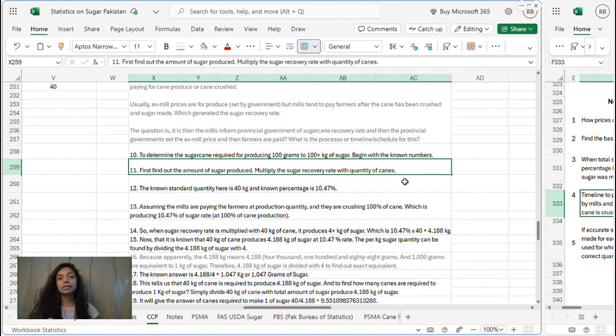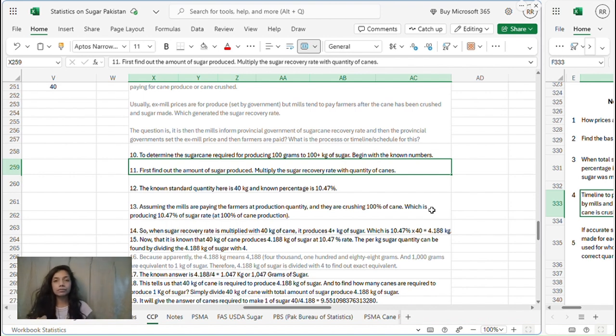In my research, I found that 10 kg of cane is usually enough for producing 1 kg of sugar. So when you multiply 10 kg, let's say, with the 10.47% sugar recovery rate, you get the total quantity of sugar produced, because the sugar recovery rate is derived from the total quantity of cane crushed and the sugar made, which gives this number of 10.47%.